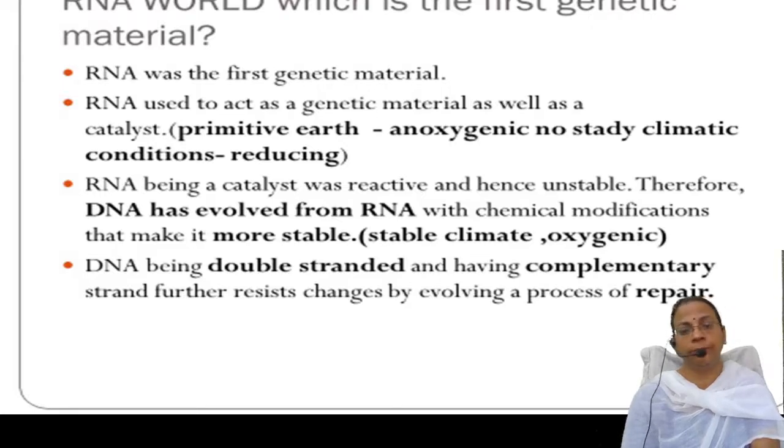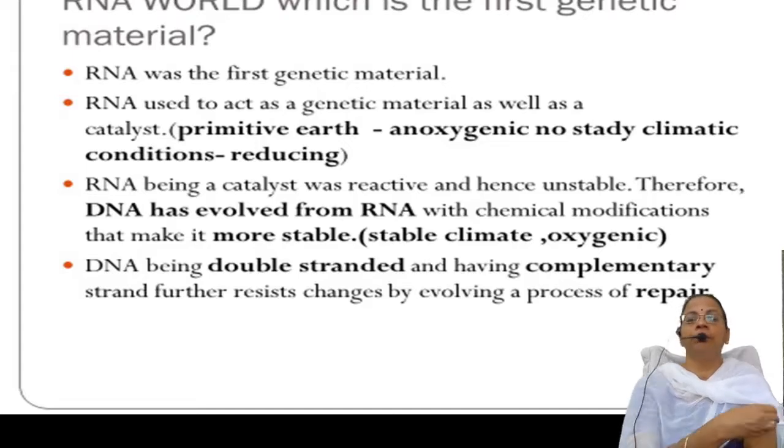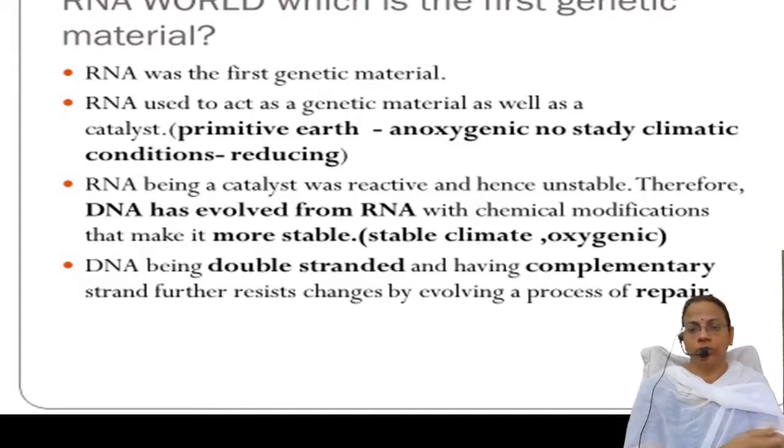But gradually, with the evolution of photosynthetic organisms, the appearance of chlorophyll molecules, and the evolution of oxygen as a result of photosynthesis, the climatic conditions also became very stable. Then, with all favorable conditions achieved, the organisms preferred a stable component rather than an unstable one.